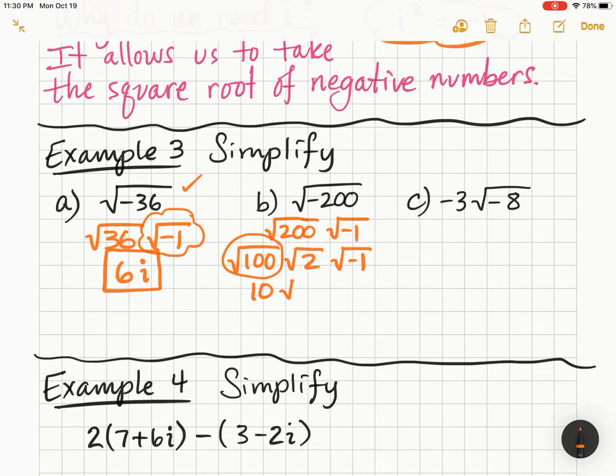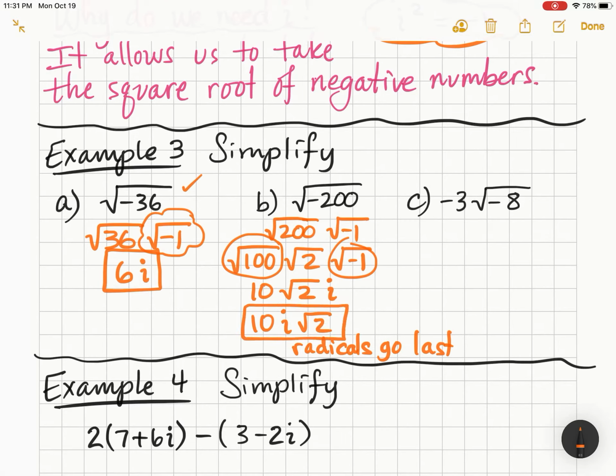The square root of 2, can't do anything with that. And the square root of -1 is i. Now, math etiquette says radicals go last. So I'm going to put 10i radical 2. And that's just having good math manners.